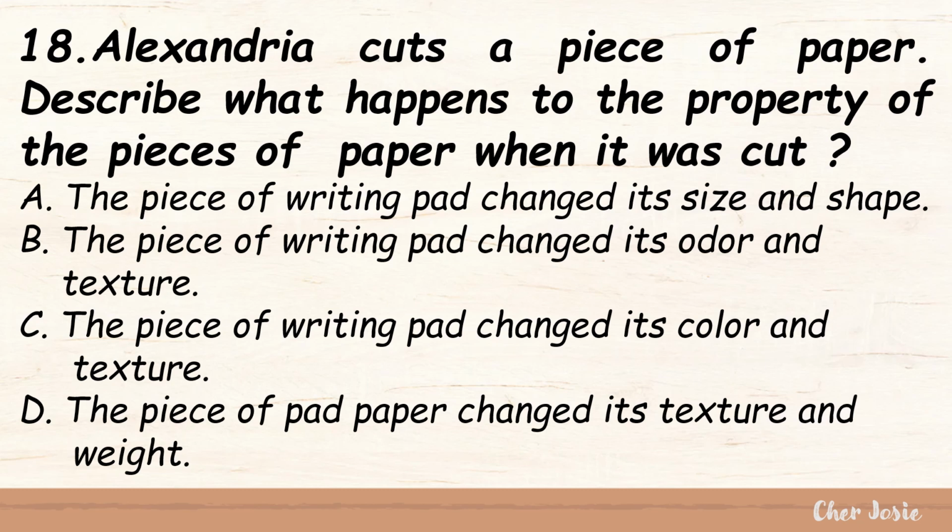C. The piece of writing pad changed its color and texture. D. The piece of pad paper changed its texture and weight. Go. Ballpens up. The correct answer is letter A.